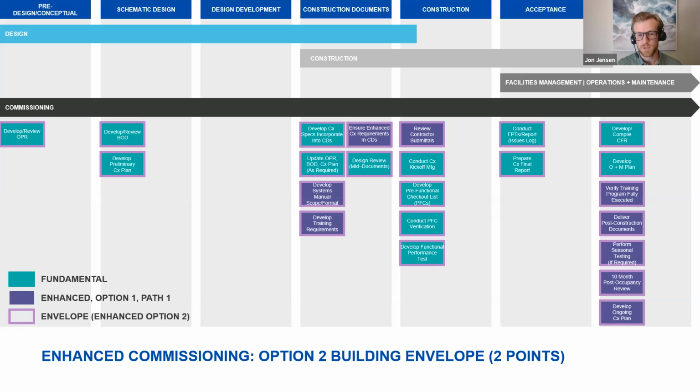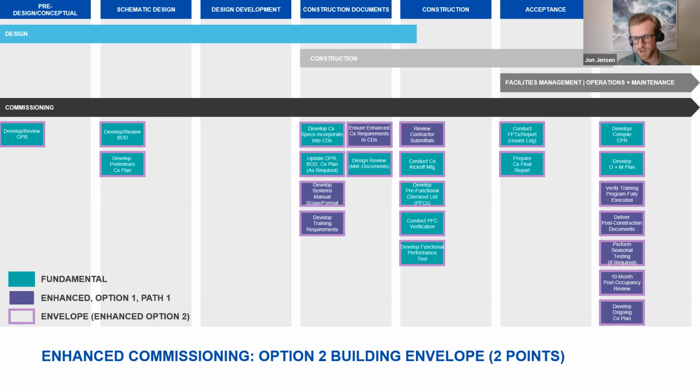There'll be a design review of those systems, and then they'll want to review submittals and then go and observe mock-ups of walls and things like that out on site and make sure that walls and windows are going in correctly through construction. At the acceptance phase, they'll go through and do some performance testing on the building envelope.